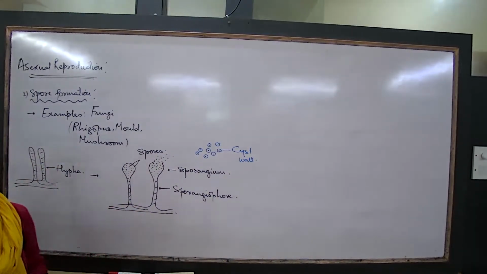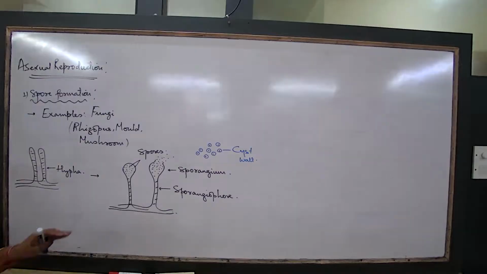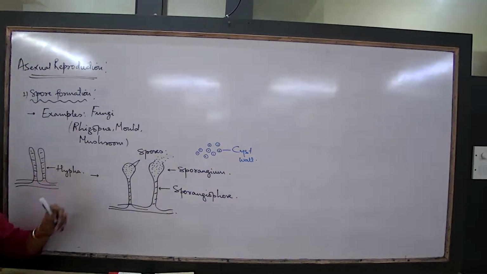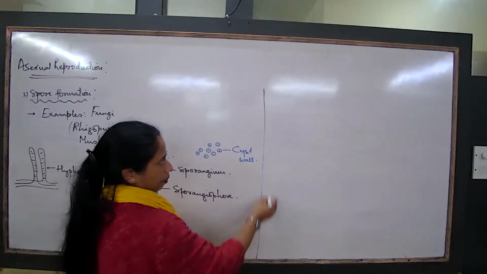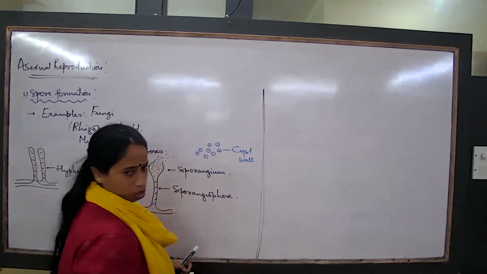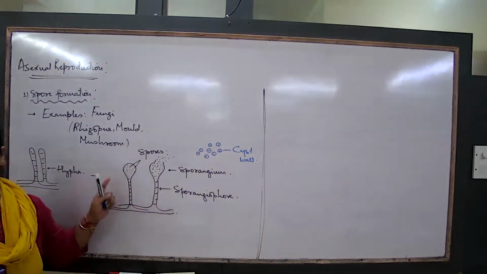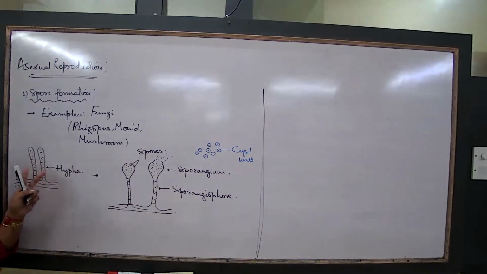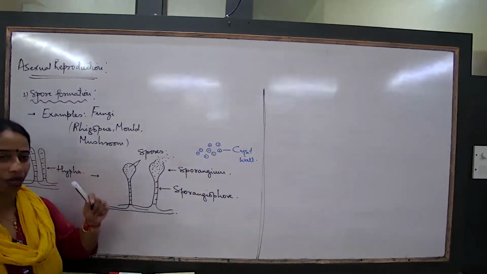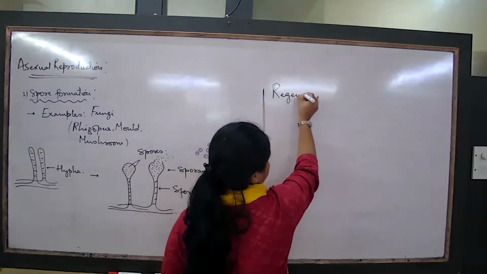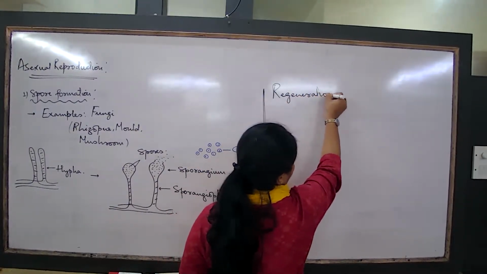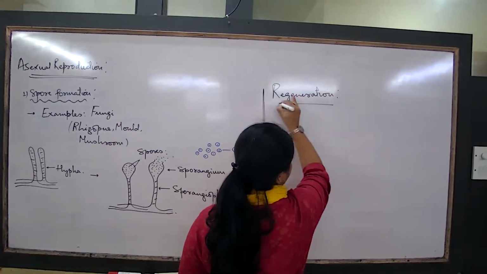So when we are talking about the process of spore formation, these are the differences to remember. The next method of asexual reproduction is regeneration.